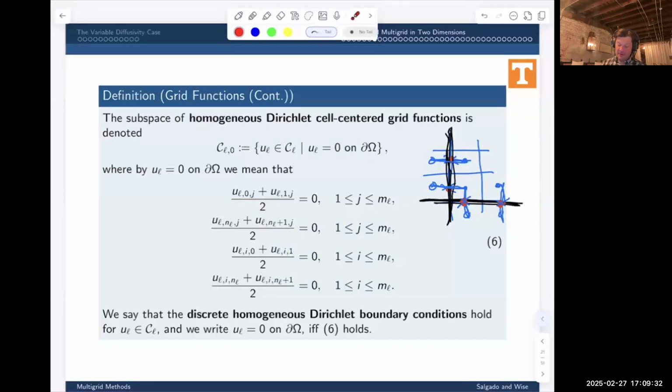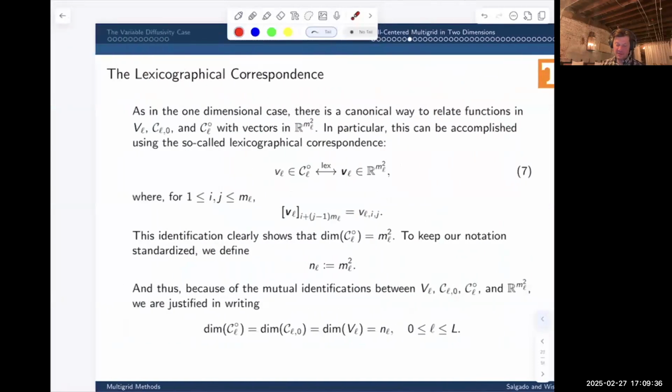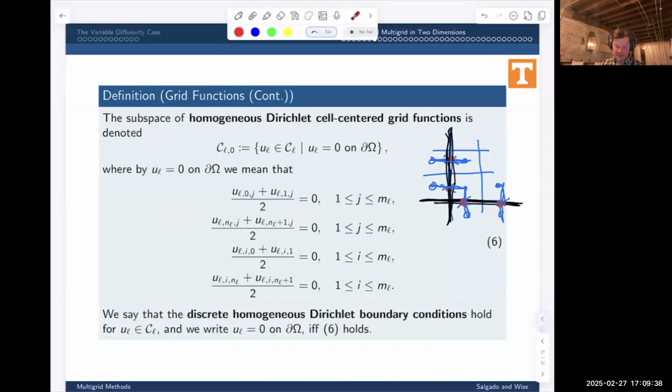So that's how I build up my boundary conditions. Okay, so I'm just going to use this as shorthand notation to mean that that happens. So if I use V_L is equal to 0 on partial omega, then V is going to replace U in these four equations. So this is what I call the discrete homogeneous Dirichlet boundary conditions.